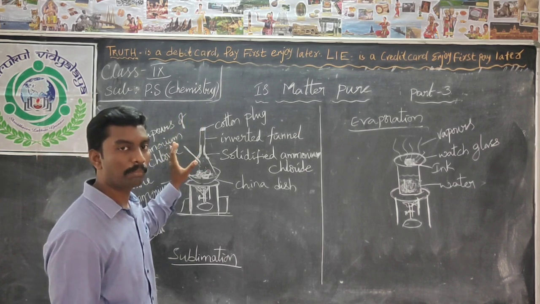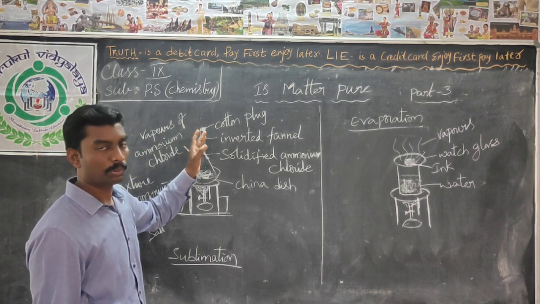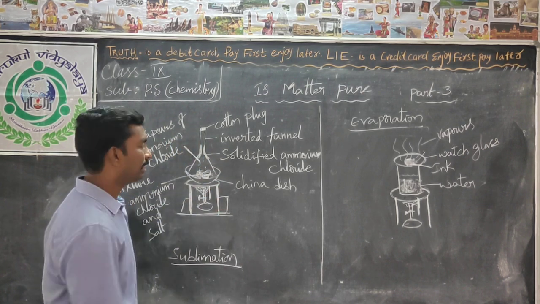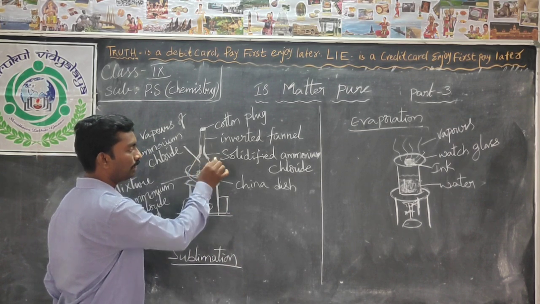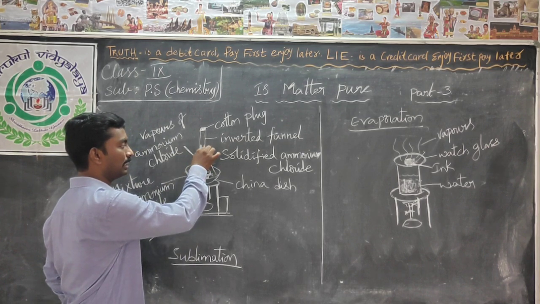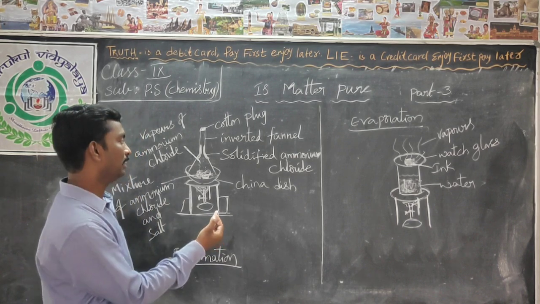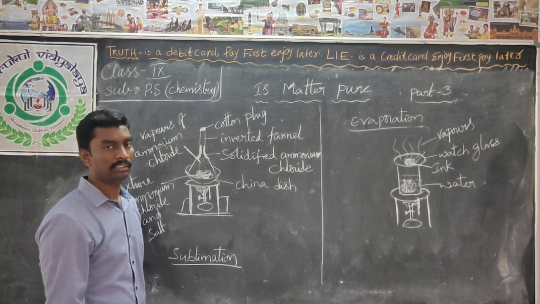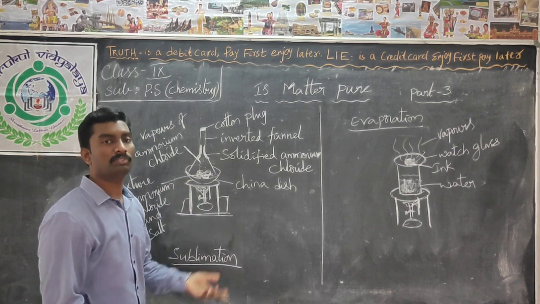So the vapors will touch the inside walls of the inverted funnel. Ammonium chloride vapors will touch here, the inside walls of the glass funnel.